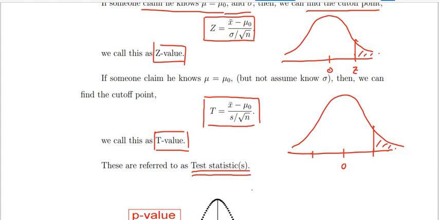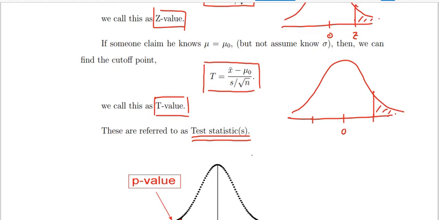We use those numbers to do our test. By the way, a statistic means any number we can calculate from a sample, from data. Let me mention this again: statistics has two meanings.